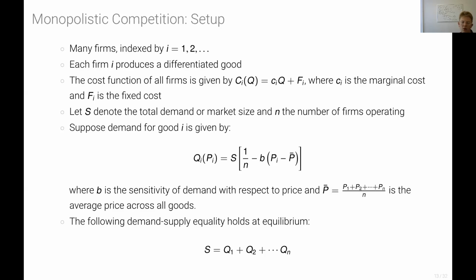For example, with almonds and cashews, there's a certain market size for groundnuts, and different firms will supply different varieties of groundnuts. So there will be cashews, peanuts, almonds, etc. Those will be Q1, Q2, and Qn, and they add up to the total market size. So we're adding together the quantities produced of different varieties.